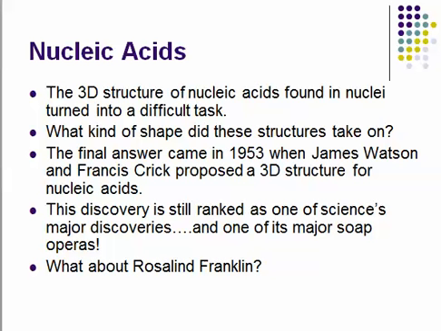So, again, this gives you an idea of how new and how fresh this field of chemistry is, the field of biochemistry is, and this field of biology is. So, there's still quite a few things that we don't know, but once again, we've made quite a bit of progress since Watson and Crick determined this 3D shape of a nucleic acid back in the 1950s.